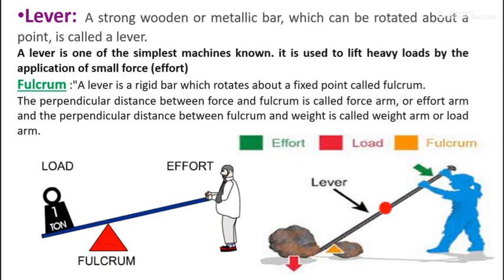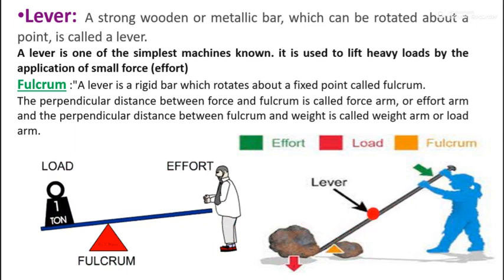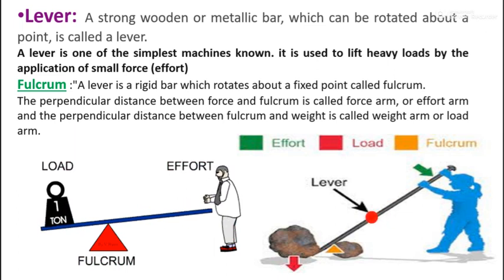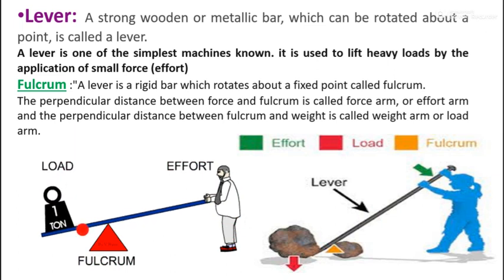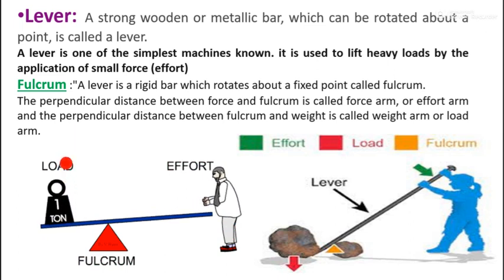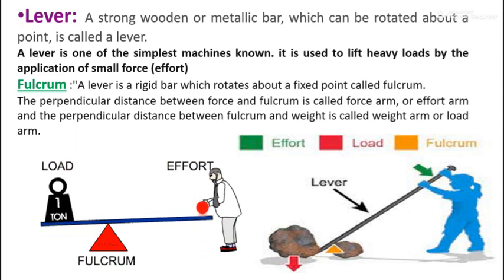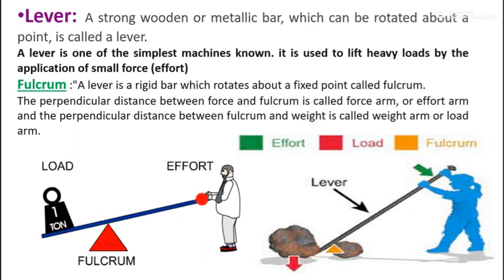The perpendicular distance between the fulcrum and the weight is called the weight arm. This is the weight, and this is the effort.